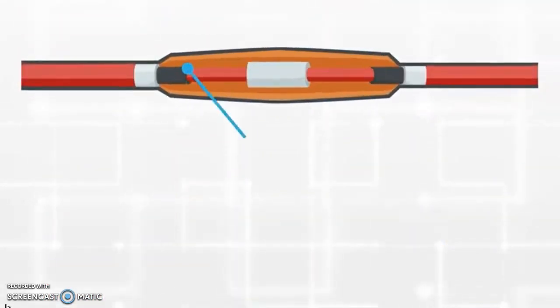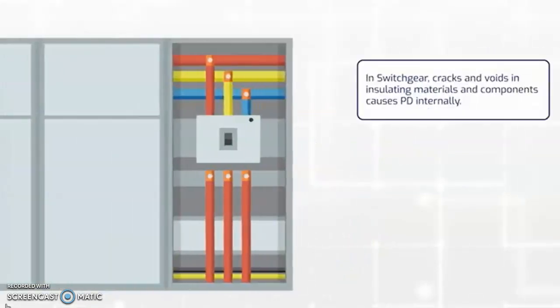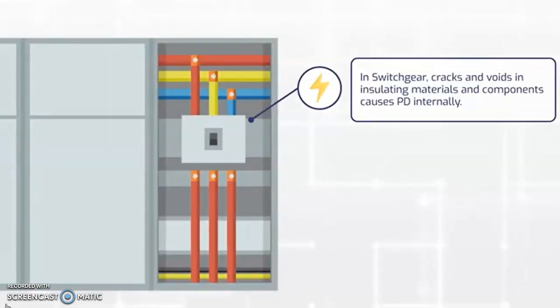In high voltage cable systems, PD is commonly found in joint accessories where a defect or void exists. These are caused by incorrect installation or long-term degradation of the equipment. Switchgear, cracks and voids in insulating materials and components causes PD internally.